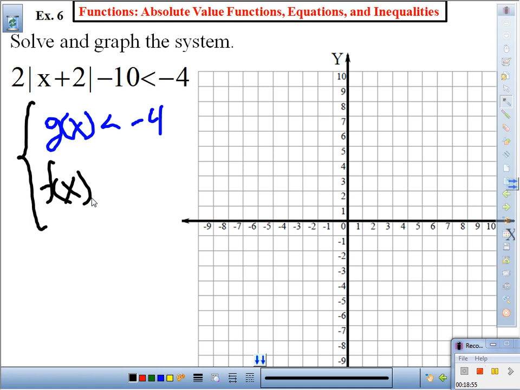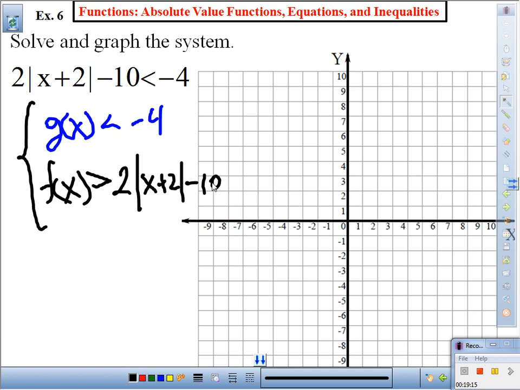Now, for those of you that need just something to remember, if g of x is less than, that means f of x has to be greater than. It just does the opposite. Okay? Yes. So let's write whatever's left. 2 times the absolute value x plus 2 minus 10.